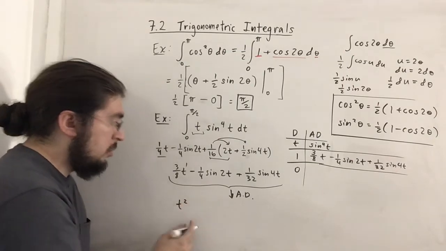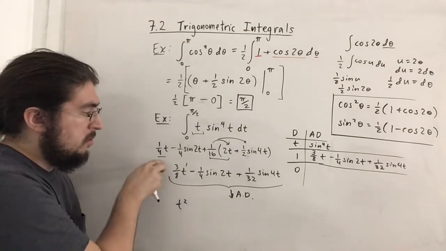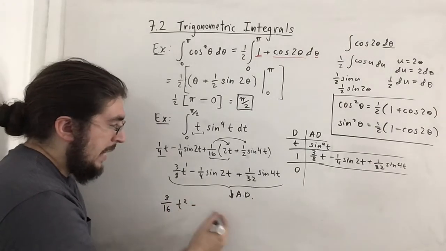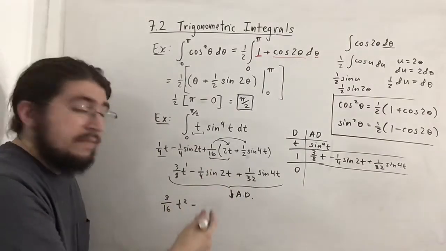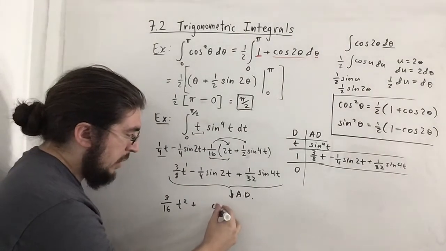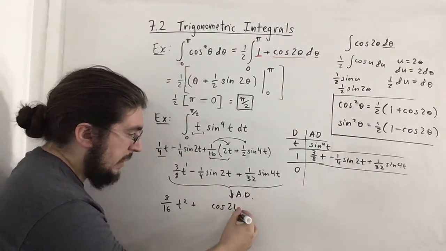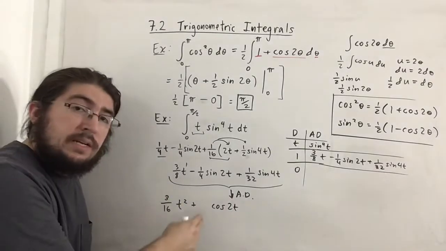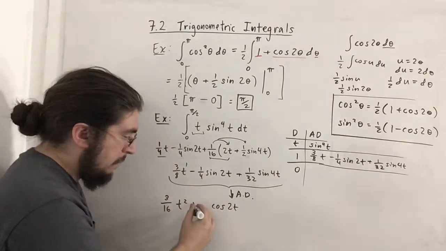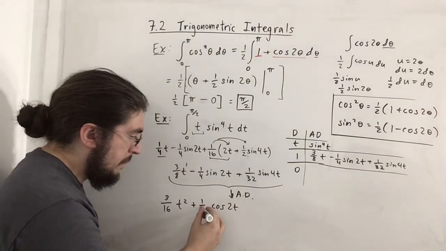So that's t to the 2 over 2, but 1/2 times 3/8 is 3/16. Okay. Antiderivative of sine is negative cosine, so the sign changes to positive. And it's cosine of 2t, inside stays the same. But since it's of 2t, we divide by an additional 2. So multiplying 1/4 by that 1/2 will give us 1/8.